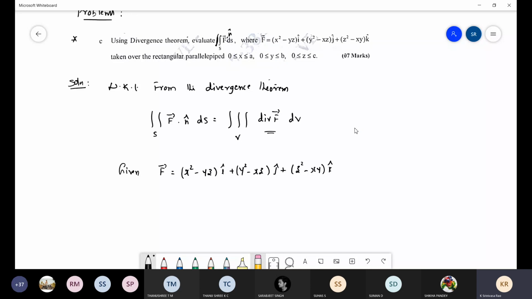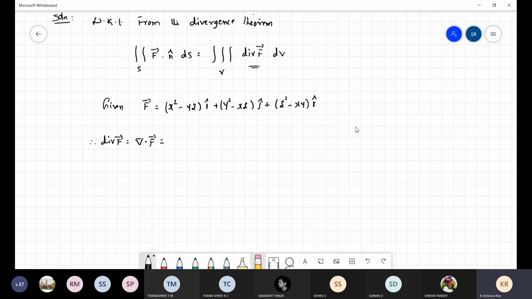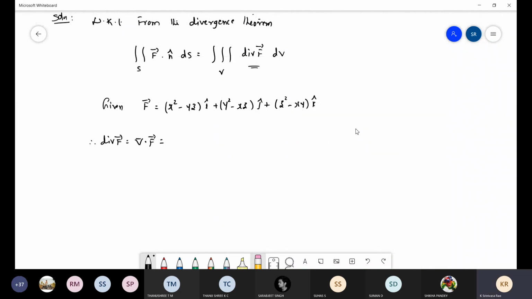So I want to calculate this part, the divergence. Therefore div F is nothing but, in symbolic form, del dot F. Can anyone tell me the formula of divergence? How to calculate the divergence of a vector? Yes, tau A1 by tau x plus tau A2 by tau y plus tau A3 by tau z. Very good.